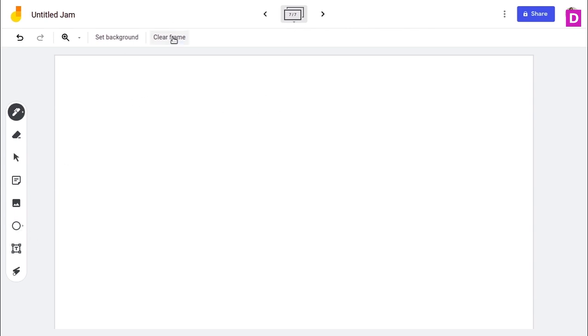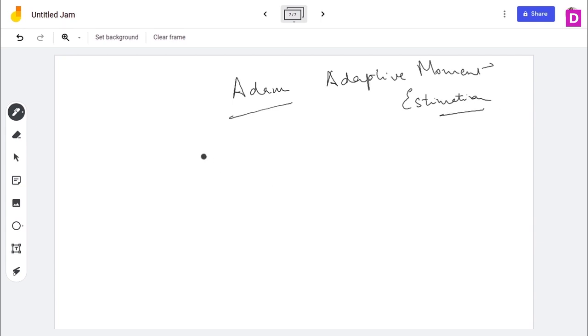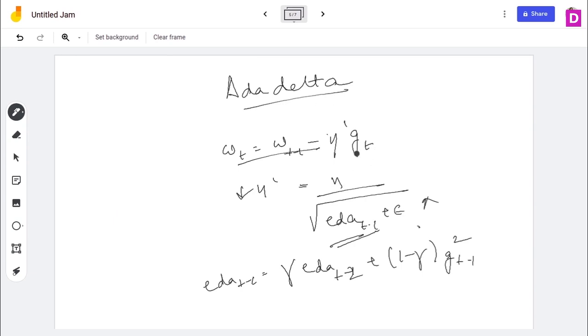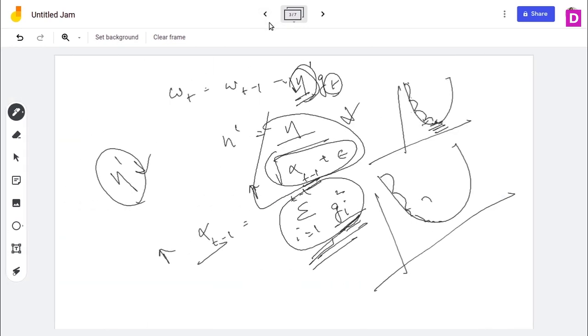So now let us come to the next idea, ADAM. ADAM is the most used optimizer. ADAM stands for Adaptive Moment Estimation. The main idea behind ADAM is, if you look back, in ADA delta, what we were using for EDA was gradient squares. Again, in ADA grad, we were using gradient squares.